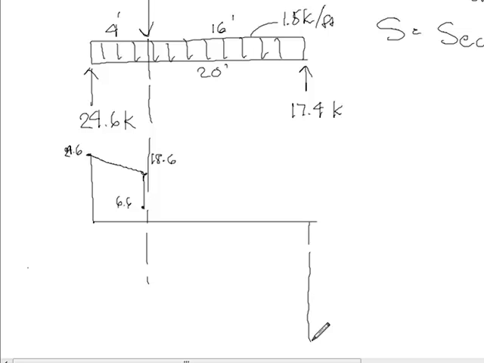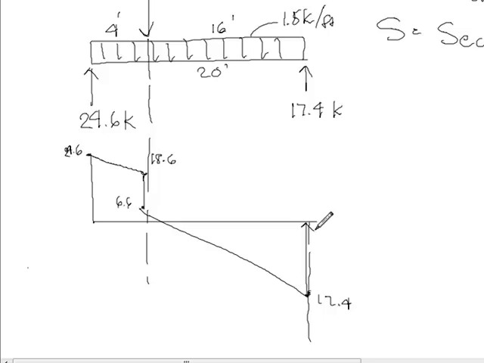Yeah, you're right, minus 17.4. So we measure that down, whatever it is. We have a slanted line, and we got 17.4, which fortunately is the same as our upward reaction, and we get back to 0. So there's our shear diagram. Not drawn perfectly, but drawn.